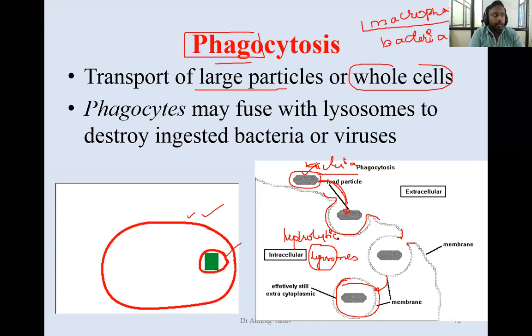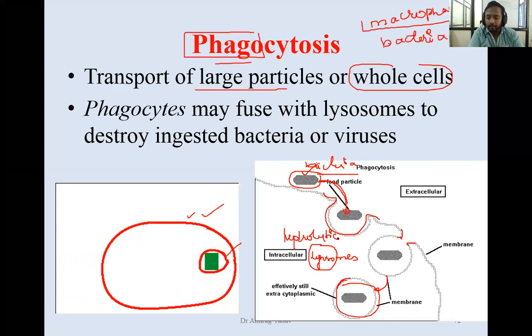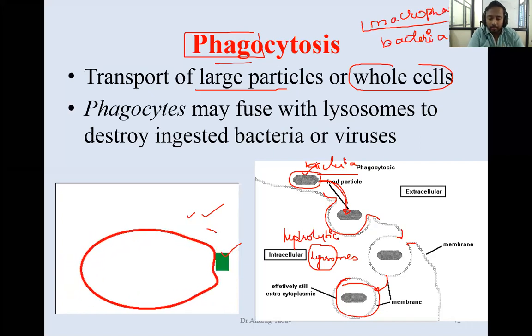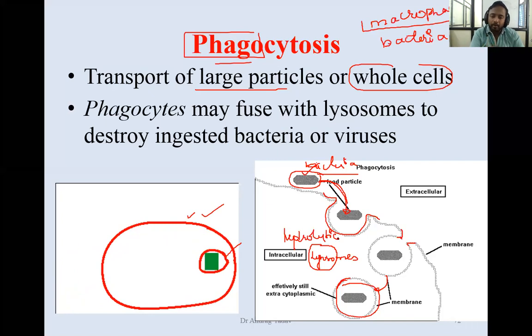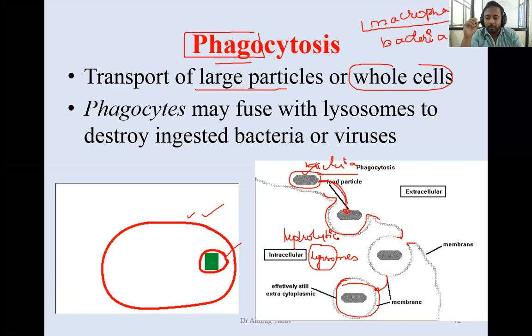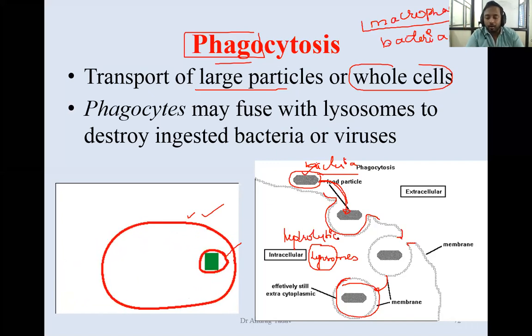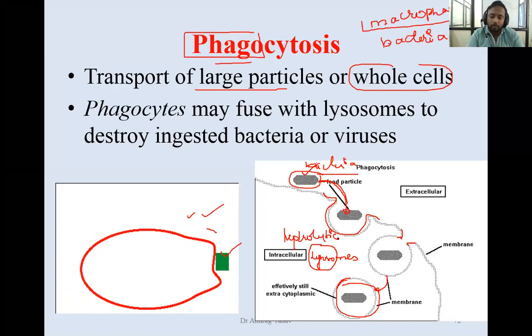Technically speaking, they can digest anything, because any cell is made up of three major components, carbohydrate, protein, and lipids, plus the genetic information as nucleic acids. So the lysosome contains all the enzymes required to digest a whole cell.